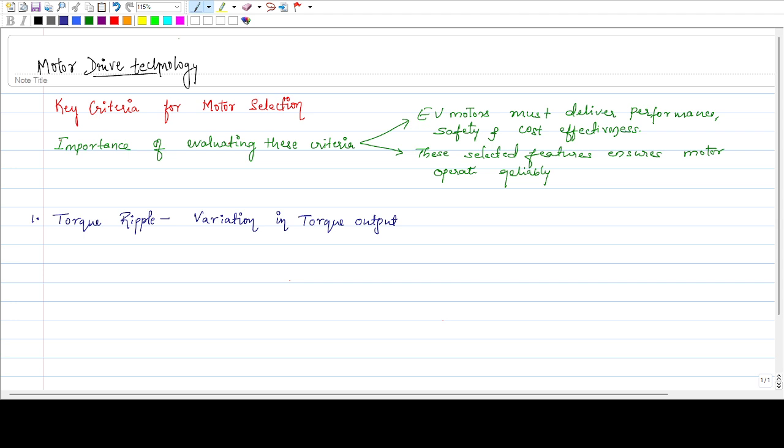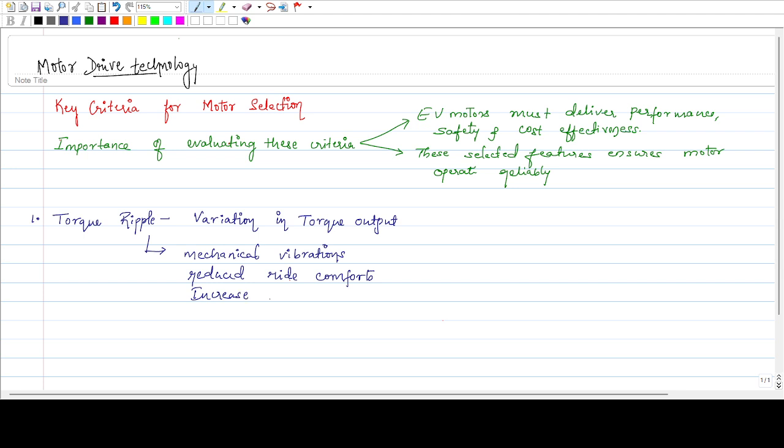Now, why does it actually matter? If you have excessive torque ripple, it leads to mechanical vibrations. Then we have reduced ride comfort, because of the increased mechanical vibration, and also increased noise.